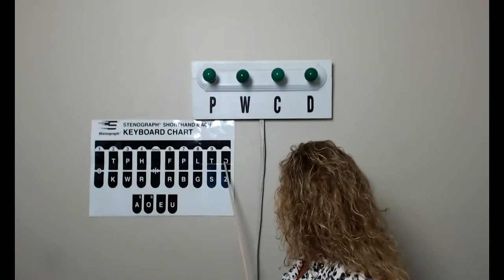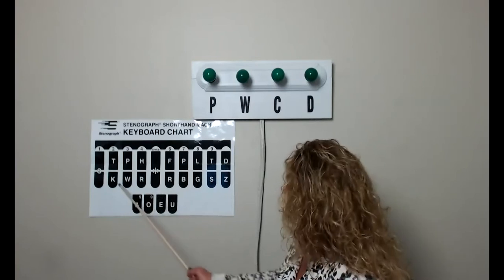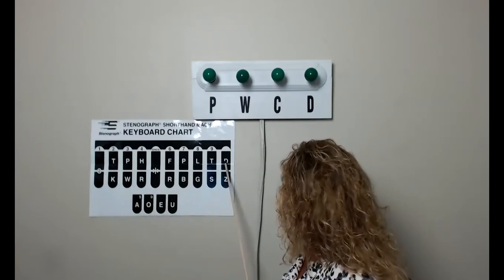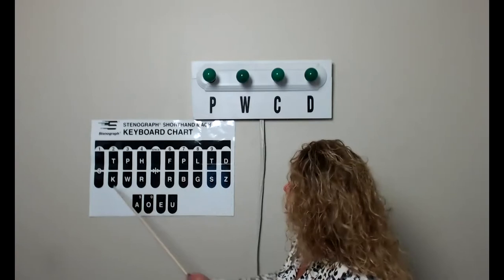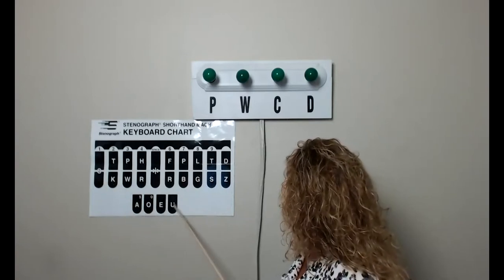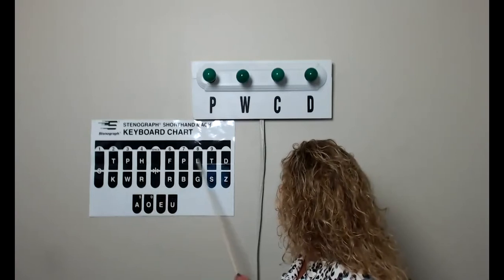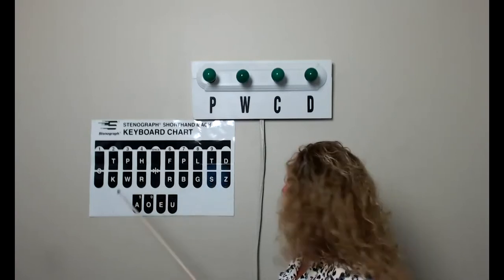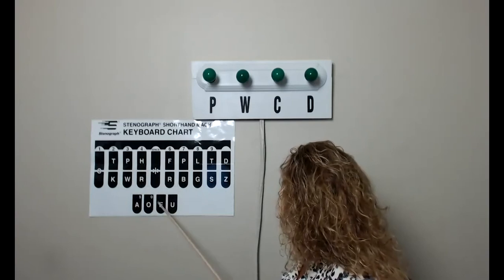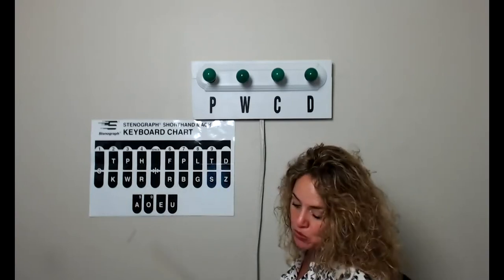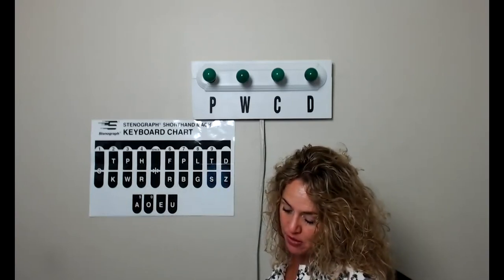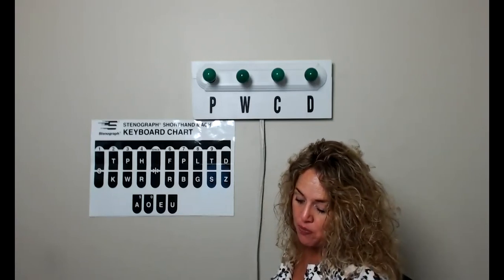Long O, LD. Cold. K long O, LD. Scald. SKAULD. Hold. H long O, LD. Mold. M long O, LD. Mold. Make sure you write that with a long O.